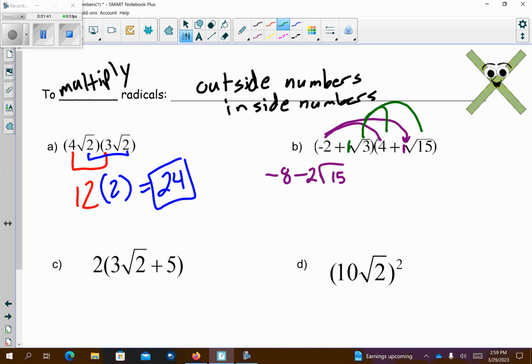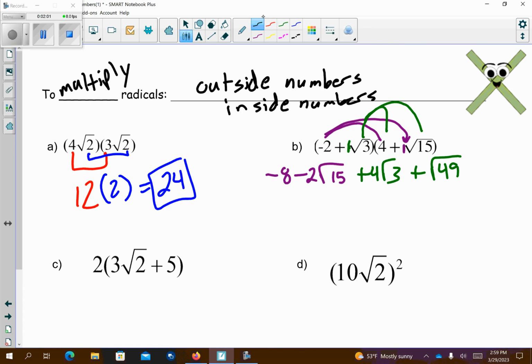And realize there's a 1 up front, so this is going to give me 4 times 1 root 3, so that's going to give me plus 4 root 3. Then if I go root 3 times root 15, 3 times 15 is 45, so I wind up with a root 45.